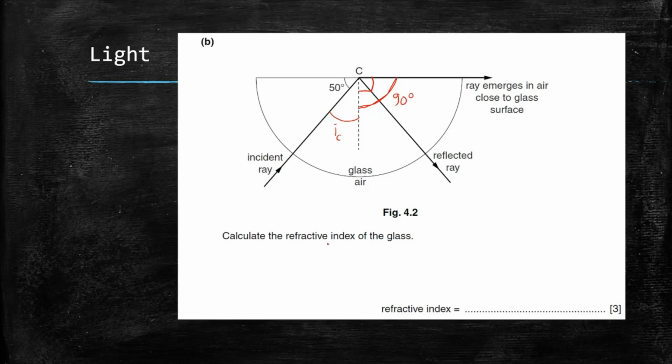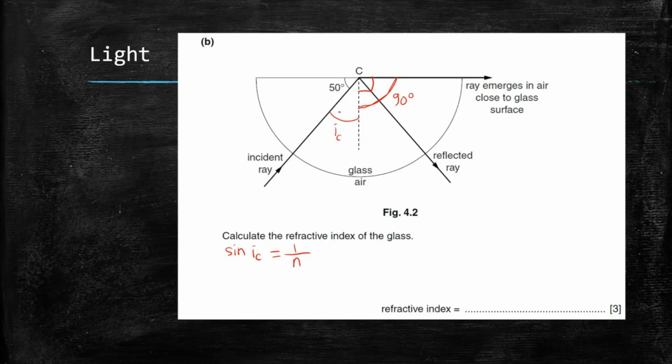The equation involving the angle of incidence, which is the critical angle, and the refractive index of the glass is this one. Sine of IC, the critical angle, equals 1 over n. n is the refractive index of the glass.